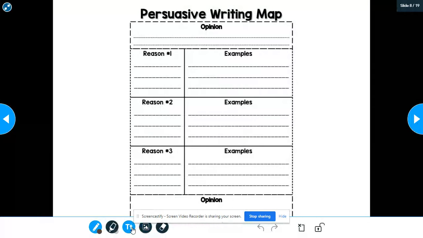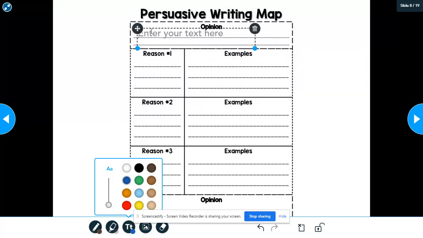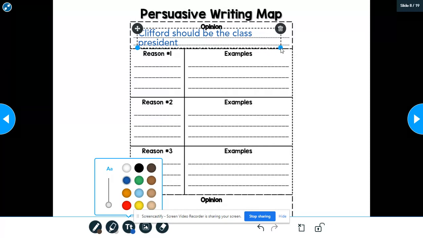So right here, you would use the text feature. The opinion would be whatever your stuffed animal's name is, and that they should be class president.